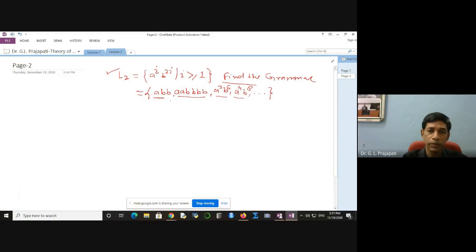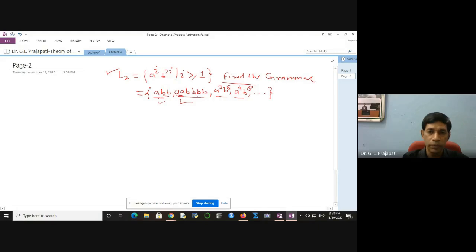What you need to do is look at the relationship in the strings of the grammar. You can see the properties of the strings of the language here. Whatever number of a's there is, you will have double the number of b's.